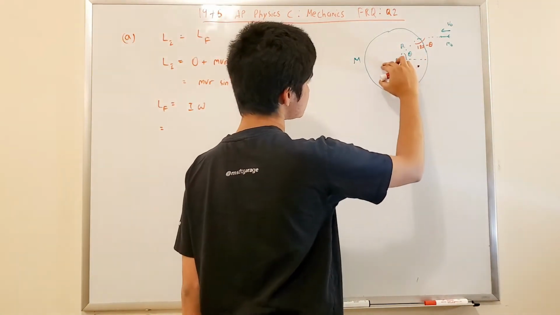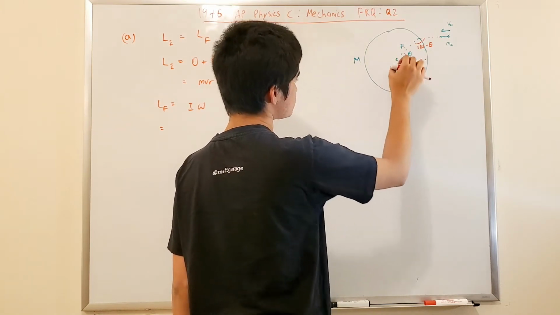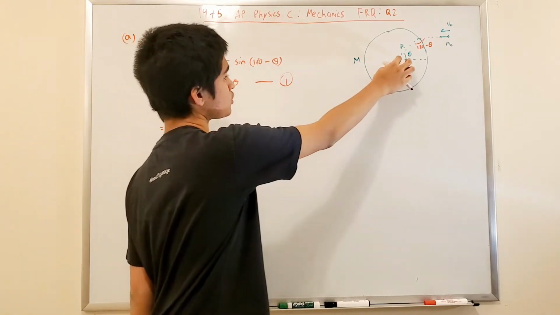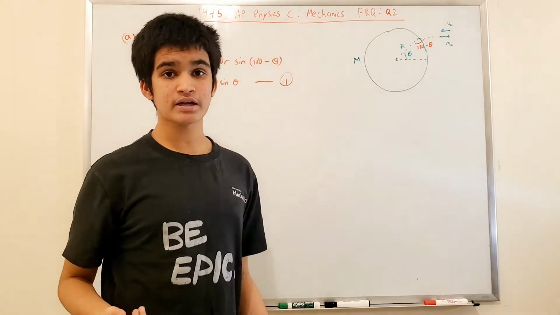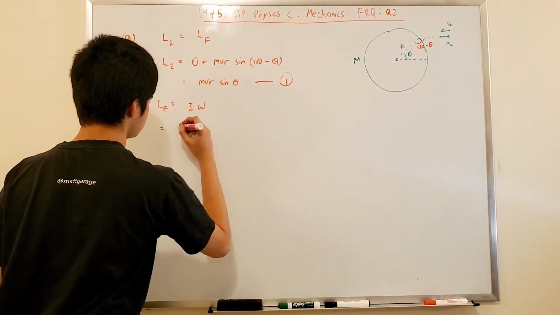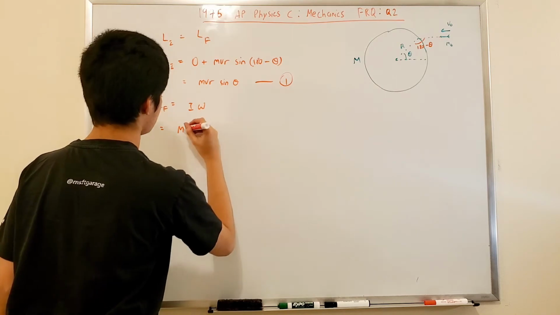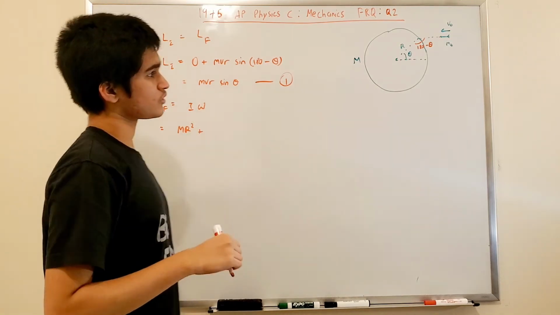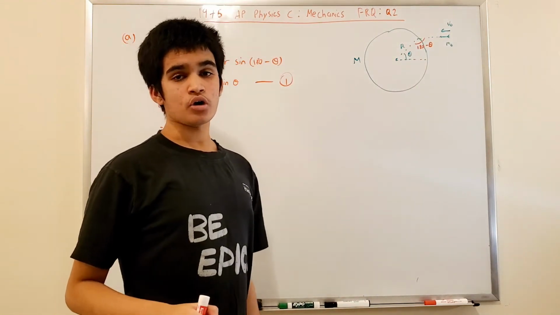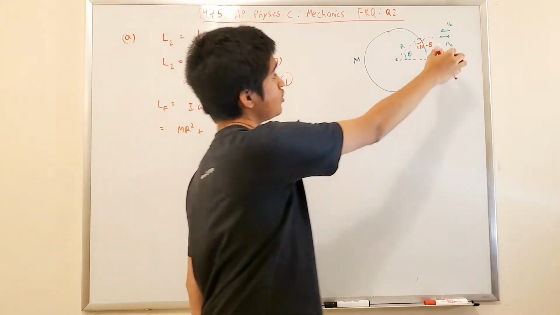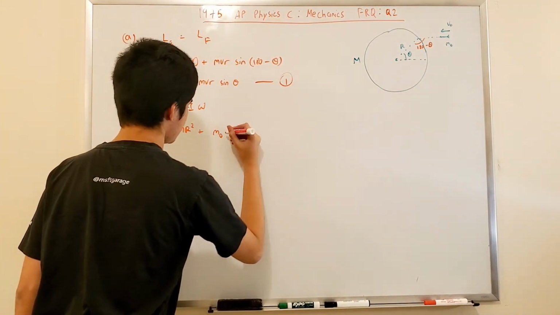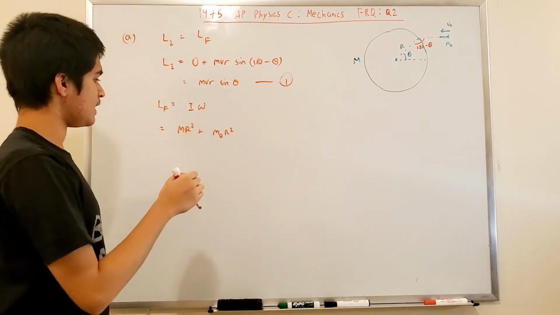As stated in the question, we can assume that the mass is all concentrated at the rim, so we can treat the tire just like a point particle. It's going to have a moment of inertia of M r squared. After the bullet sticks onto it, we also need to add the moment of inertia of the bullet. That is also a point particle, so it will be m0 r squared.